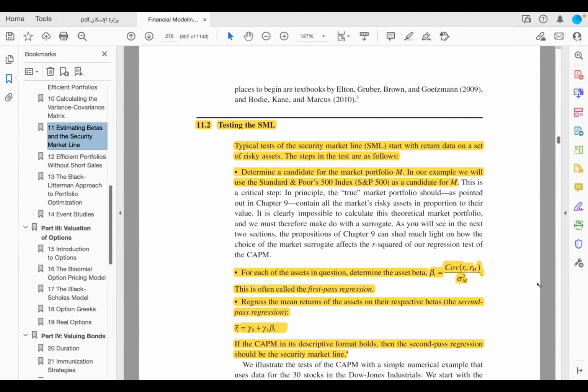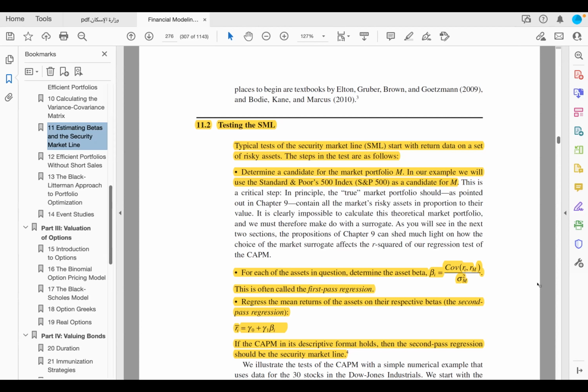That's why we generally use the index, the stock index. For example, Saudi Tadawul. For Japan, you have Nikkei. For UK, United Kingdom, we have FTSE, I think. For US, we have several types of indexes.